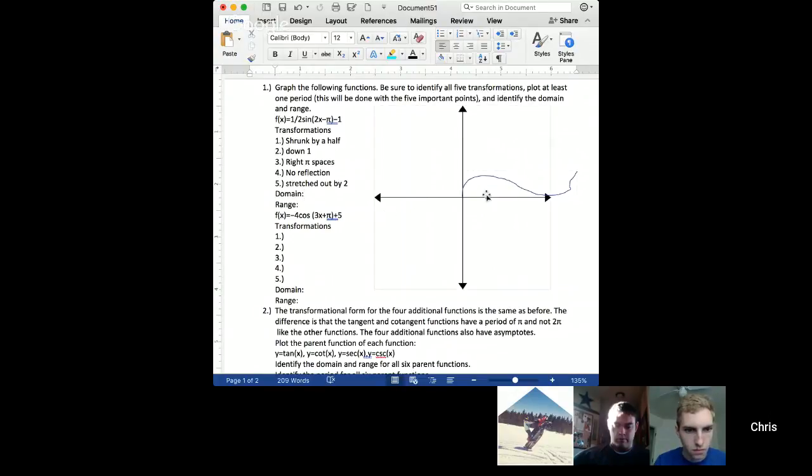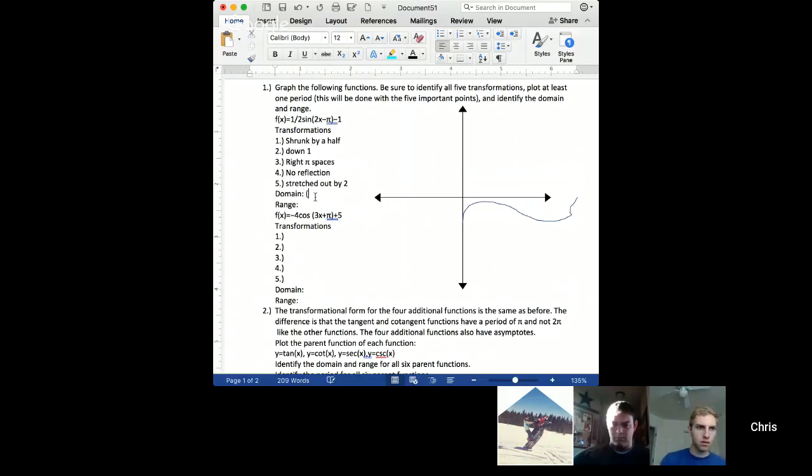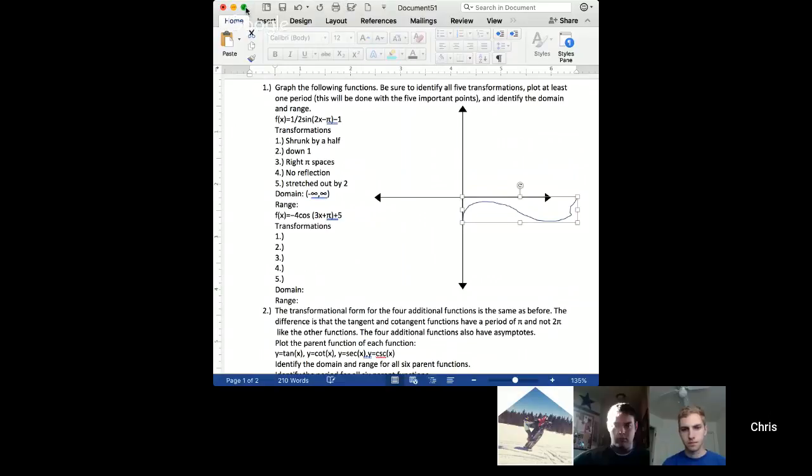So you just, whoops, I forgot one thing. Down by 1. There we go. The domain for this would just be all real numbers. Honestly, yeah. That goes all the way across. Yeah. Guess I should have denoted that.